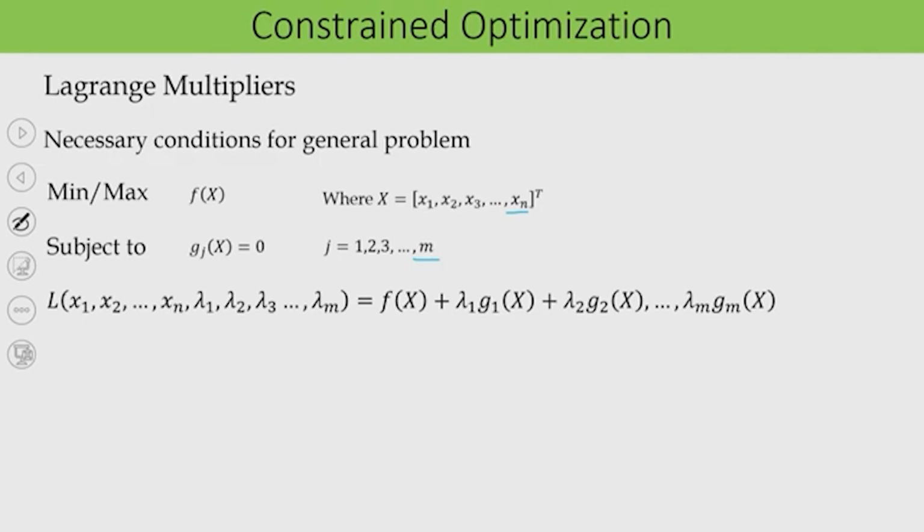The Lagrange function of x1, x2 up to xn and lambda 1, lambda 2, lambda 3 up to lambda m is equal to f of x plus lambda 1 g 1 plus lambda 2 g 2, and so on, plus lambda m g m. So, you are getting this Lagrange function.